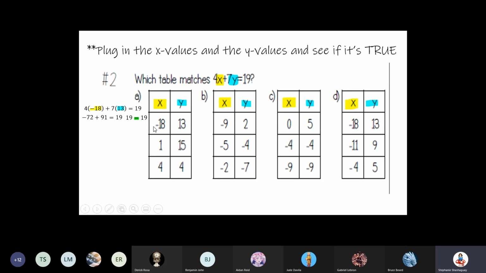So when I plug in negative 18 into the equation, replacing the x with negative 18 and the y with 13, I get negative 72 plus 91 equals 19, and that is true. 19 does equal 19.